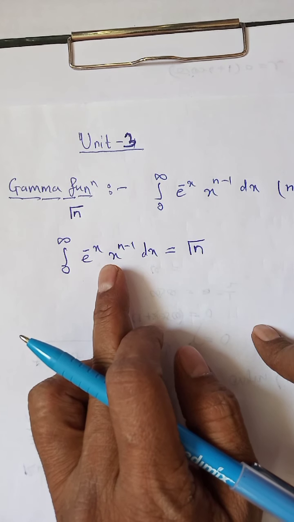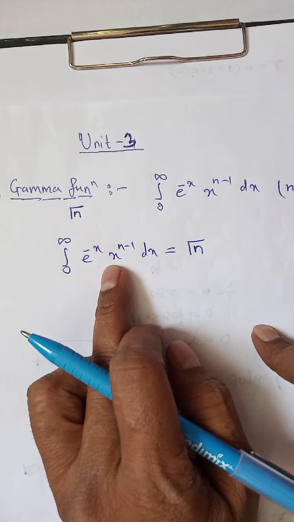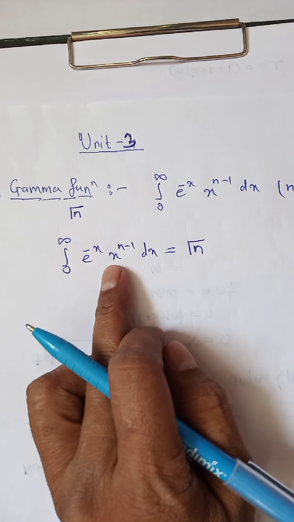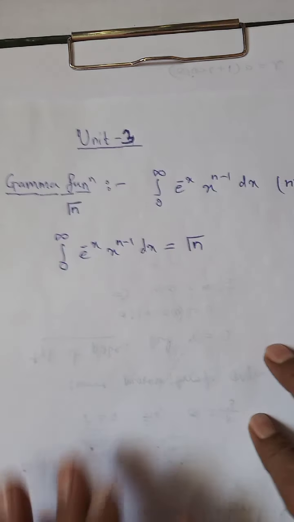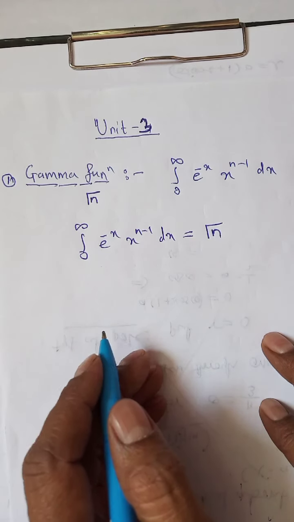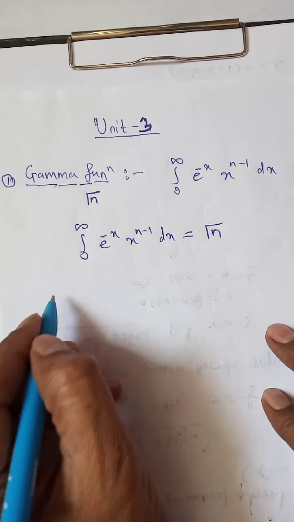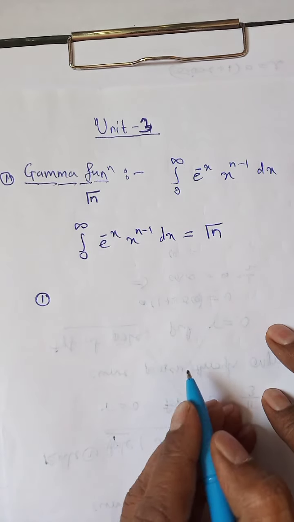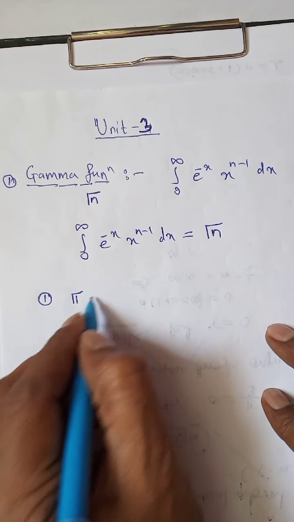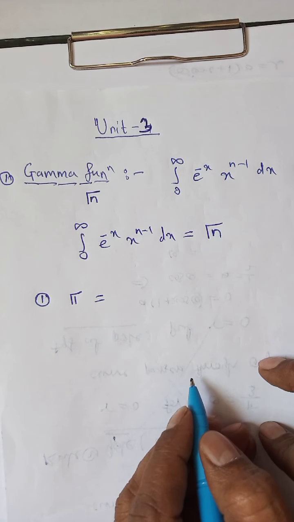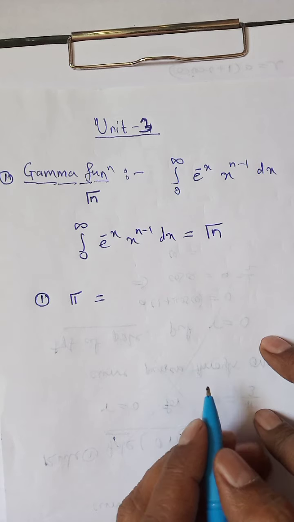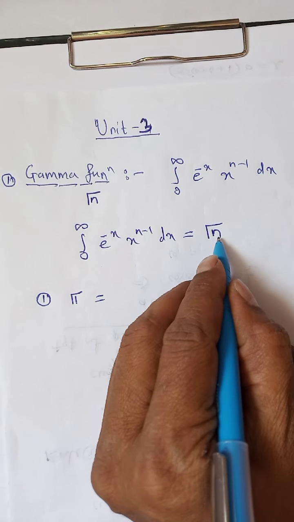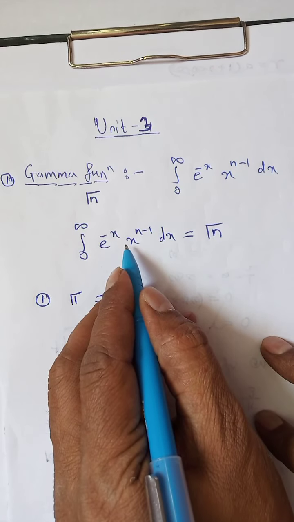So this gamma function is useful to find out the more complicated integrations. Here we'll discuss the properties of gamma function. First, gamma 1. So we'll see the value of gamma 1 here. So gamma 1, substitute n is equals to 1 in this definition.